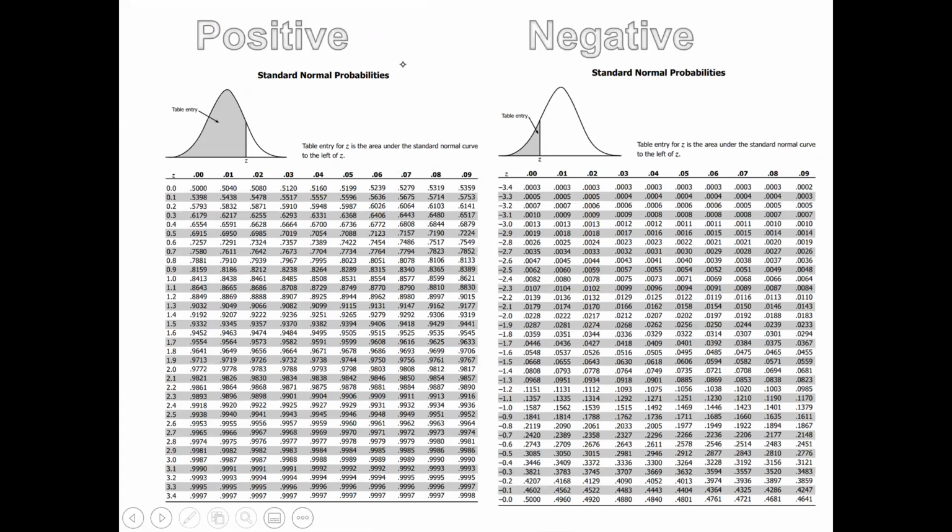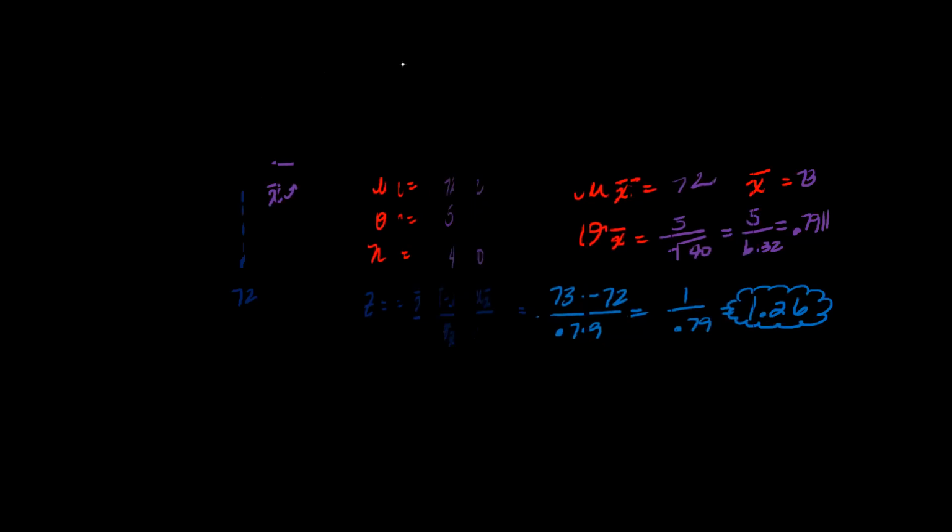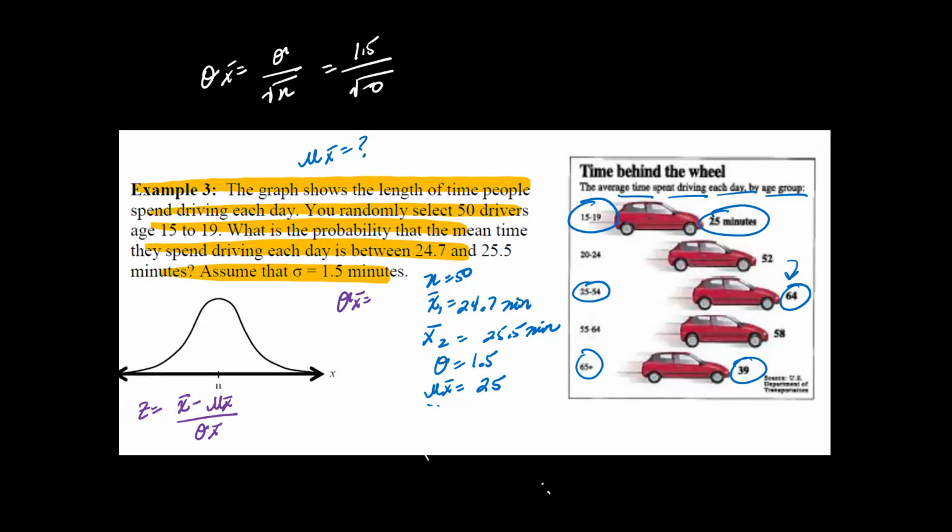So plug that into your calculator: 1.5 divided by the square root of 50, which is going to give you a standard deviation of X bar of 0.212.